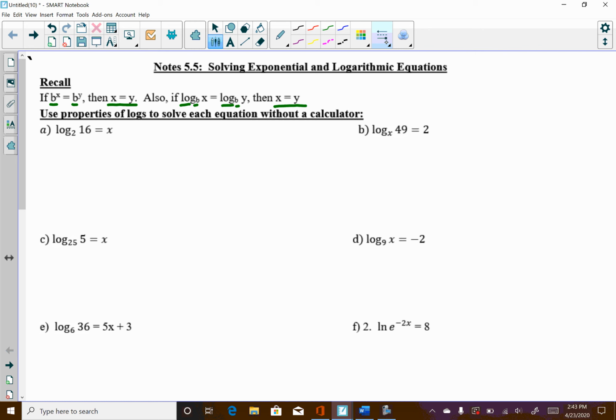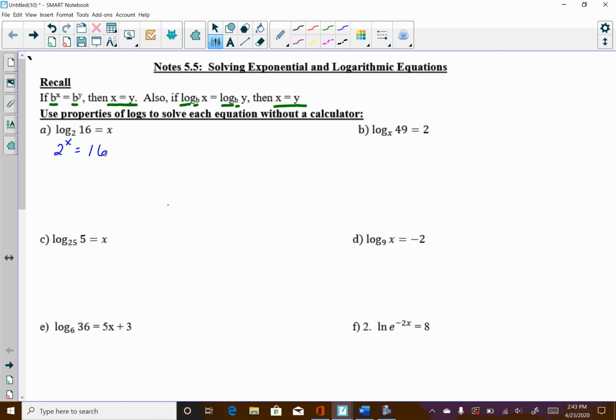All right, so looking here at letter A, all these problems just say use properties of log to solve each equation without a calculator. In part A here, I'm just going to go from logarithmic to exponential form to solve for the x. Remember that's base raised to the right-hand side, so 2 to the x equals the argument 16.